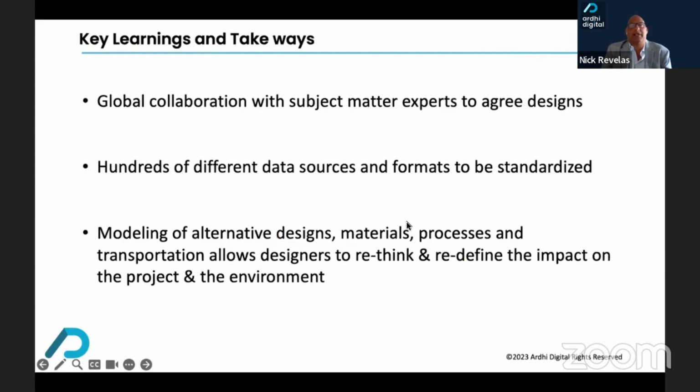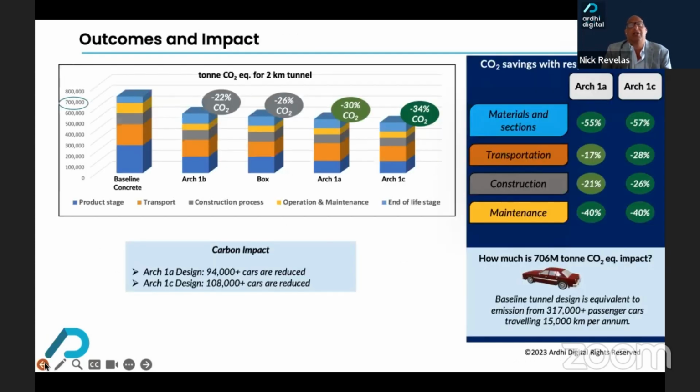The numbers represent metric tons of CO2 equivalent. Just for 2 kilometers of the tunnel, if they continue down the path of using concrete, which was the baseline option before we rebaselined, they would generate 706 million metric tons of carbon. This is a massive number. It's the equivalent of 317,000 family cars driving 15,000 kilometers per year.